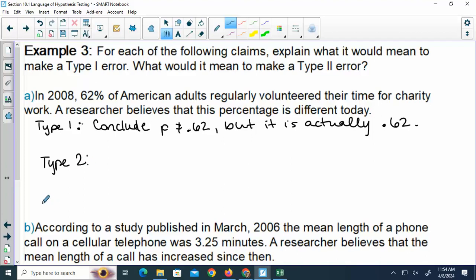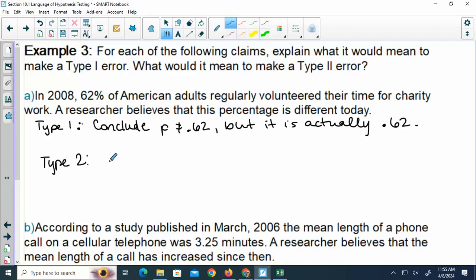What would type 2 be? Okay, so type 2 is the opposite.